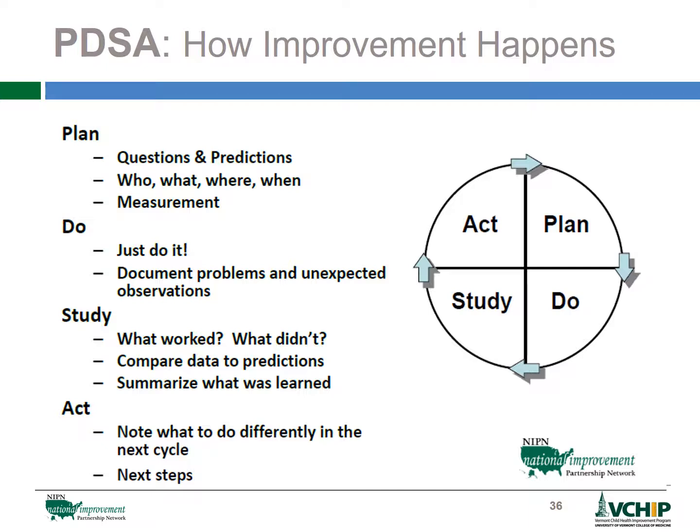Was it effective and you want to try it again in another PDSA cycle, maybe where you spread it more broadly? Do you need to adapt it? Were there areas for improvement on that strategy that you tested? Or are you going to abandon it? That did not work at all well, staff was miserable, etc. You're not going to continue with that. And then based on that, you'll identify your next steps and do your next plan for the next cycle of your PDSA.